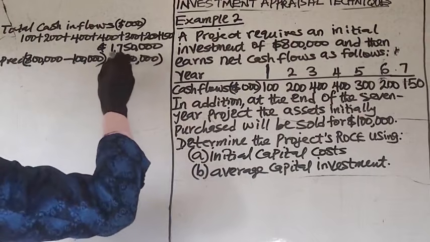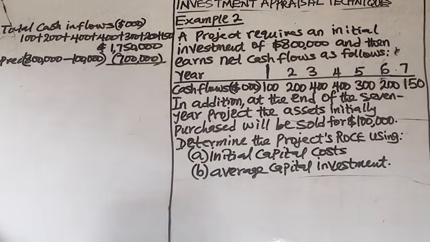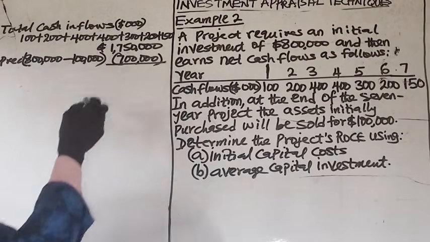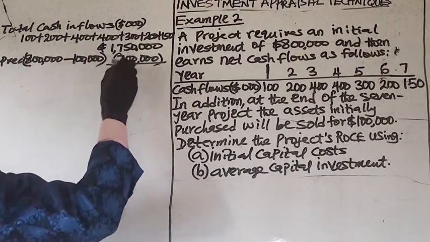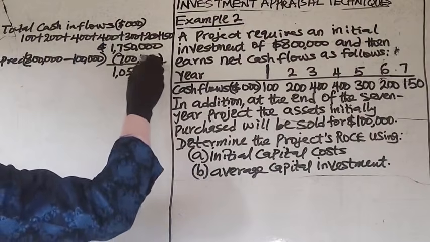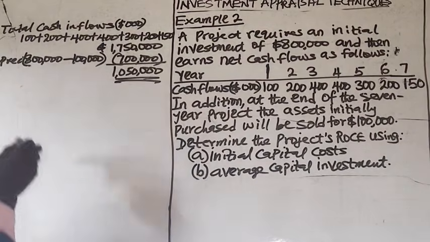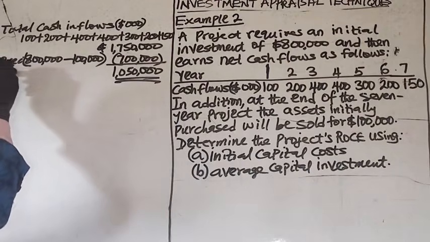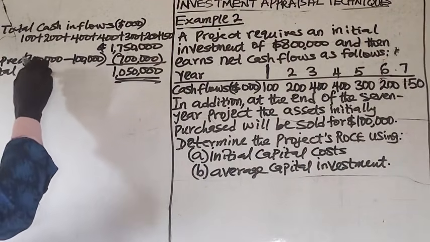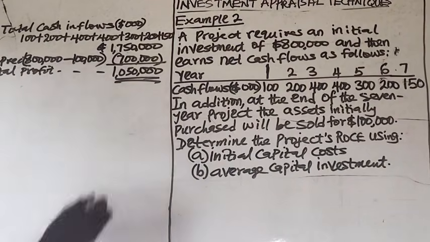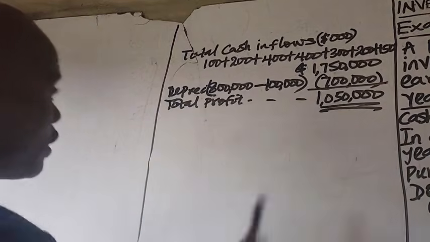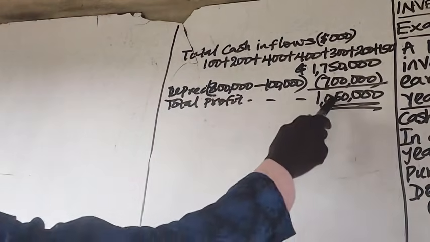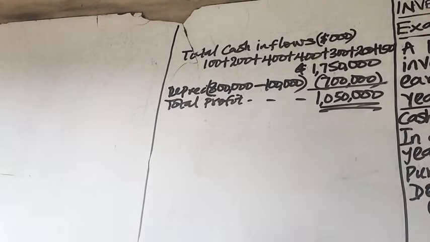If you subtract the depreciation of 700,000 from the cash flows, then you'll be left with 1,050,000. This 1,050,000 is the total profit over the entire life of the project.